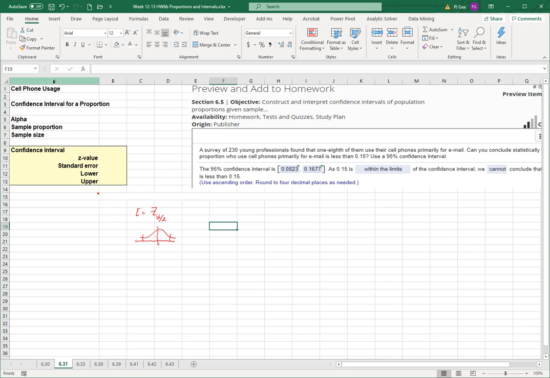The level of confidence is 95% again in here, so the LOC is equal to 0.95. That's how we get alpha, so alpha is going to be 0.05. Obviously alpha over 2 is equal to 0.025.